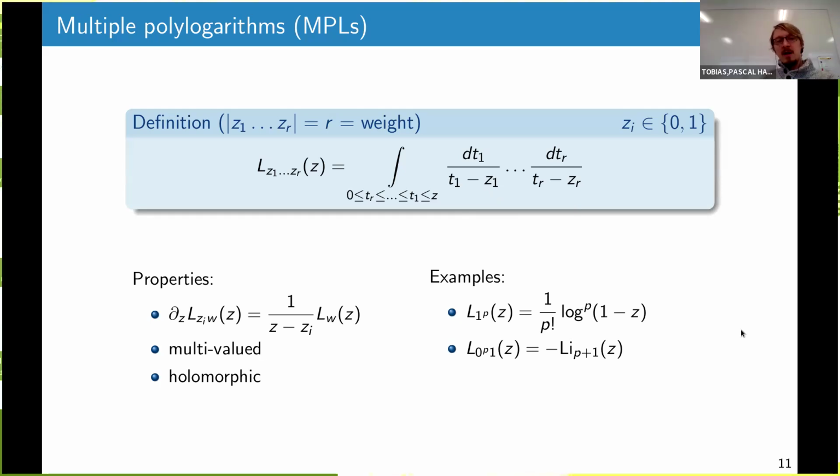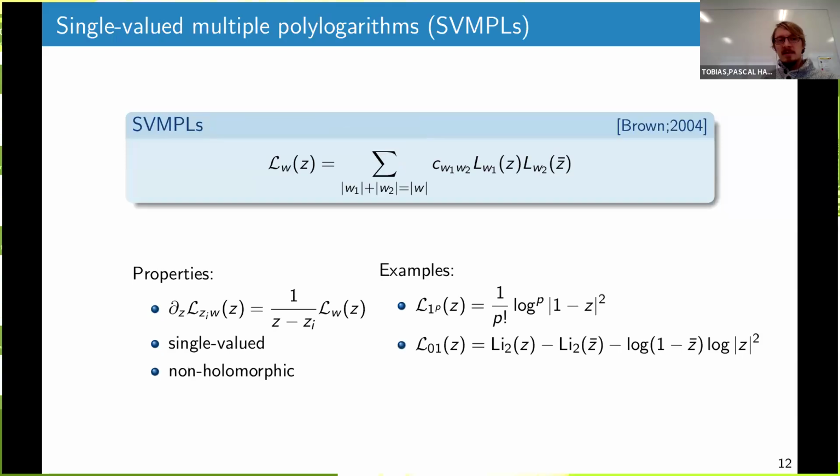Okay, so now we talk about a single-valued version of these, the single-valued multiple polylogarithms. This single-valued version was introduced by Francis Brown, and they're defined like this. We again have a generic word W, and they're always given by a sum of products of multiple polylogs evaluated at z and z bar, like this.